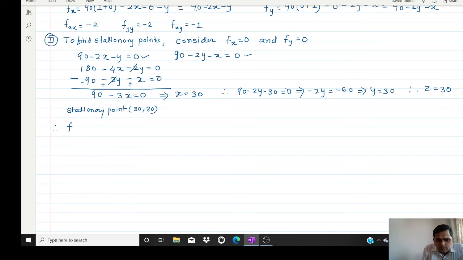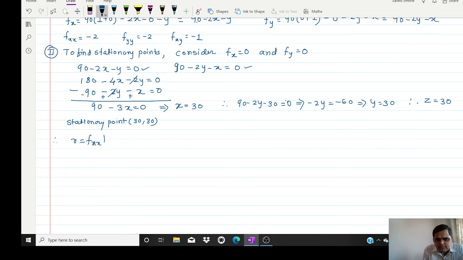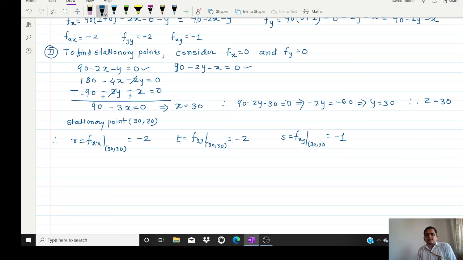Therefore, now we are going to test our conditions. The value of r, that is fxx, at point 30 comma 30 would be, see, the value of fxx is constant, so there is no change. Similarly for t, that is fyy at point 30 comma 30, which is again a constant term, so keep as it is. For s also, that is fxy at point 30 comma 30, is also the constant value minus 1.